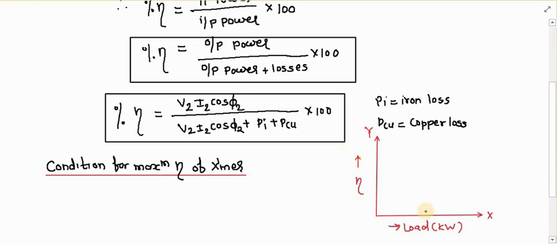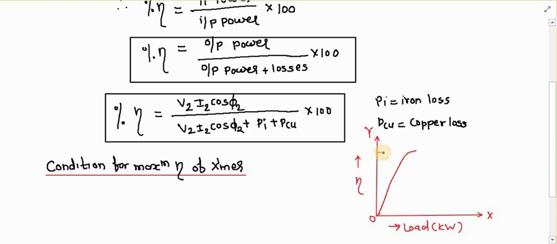On no load my efficiency will be 0, because the load is 0, so the output power is 0. But as my load is connected and I increase the load, my efficiency will rise until it reaches its maximum efficiency.